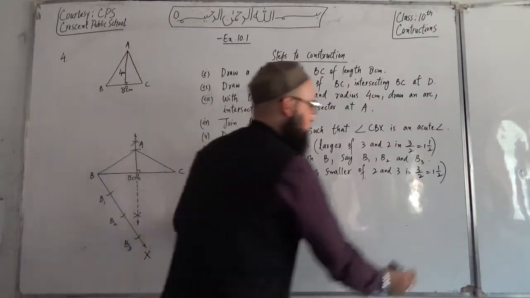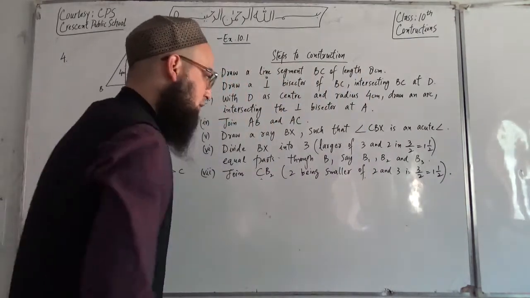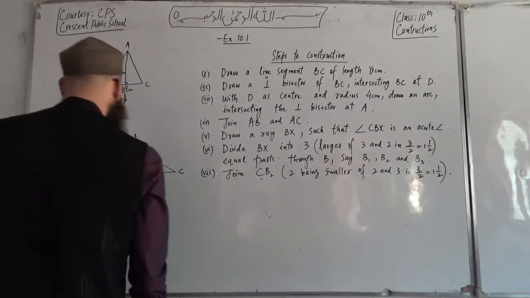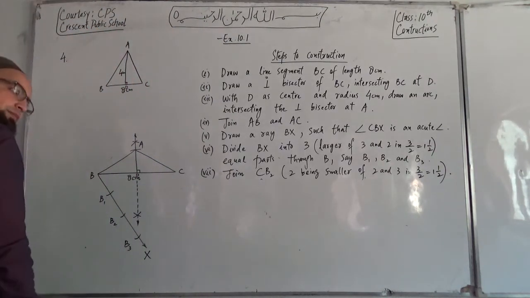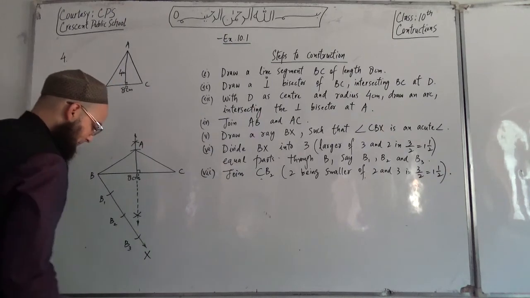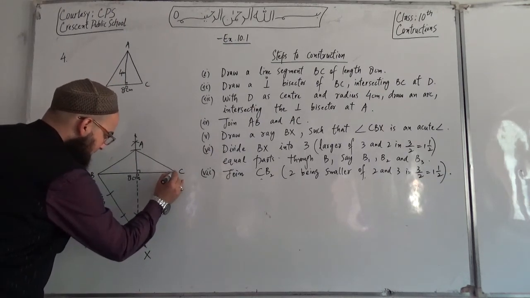Reason is 2 being smaller of 2 and 3 in 3 by 2. That's 1 by 2. Okay.